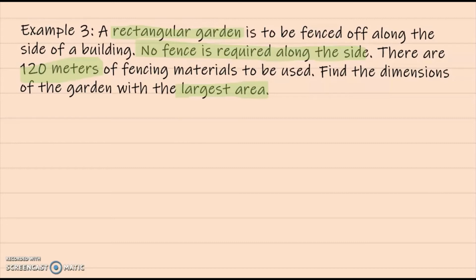Now, before we start with our computations, let's draw first our garden. Our garden is rectangular and it's fenced off along the side of the building. So let's have this portion of our garden be the building.